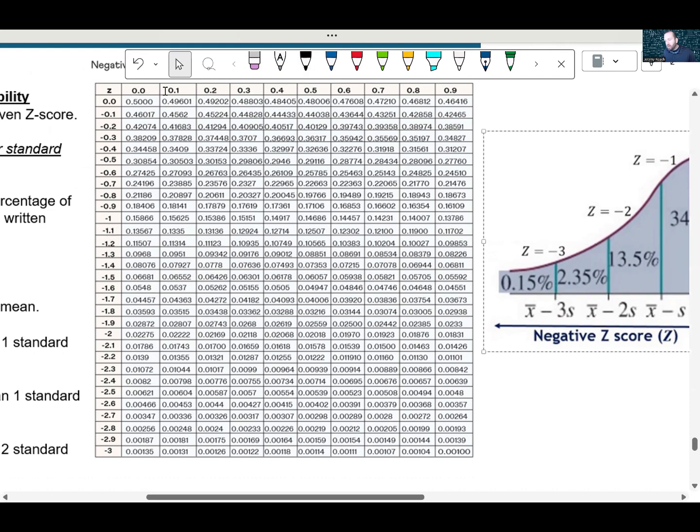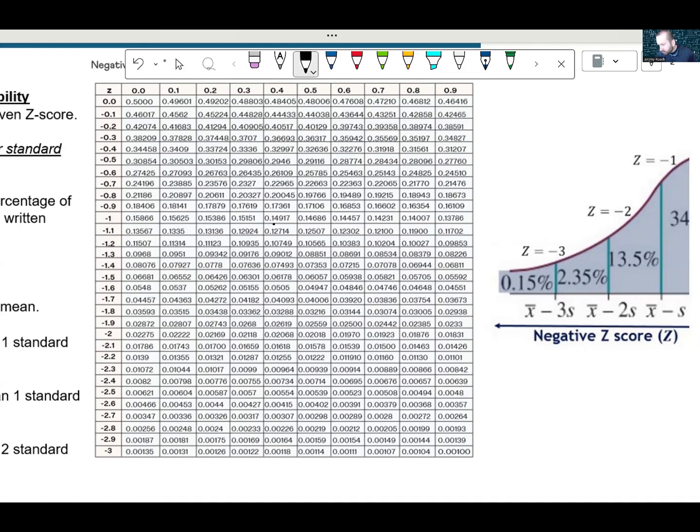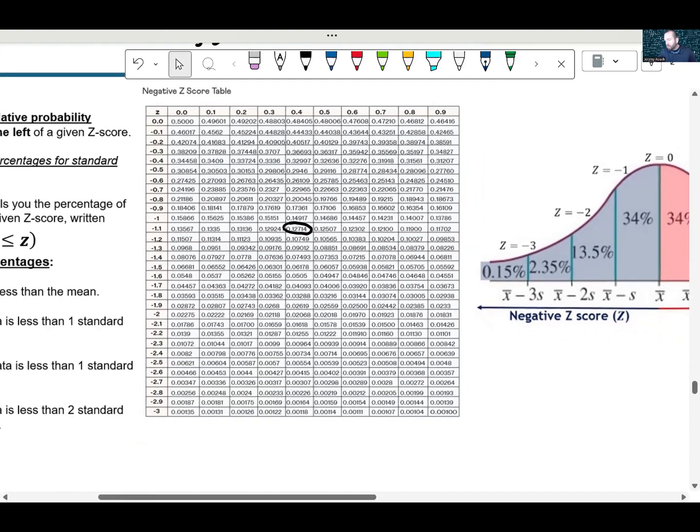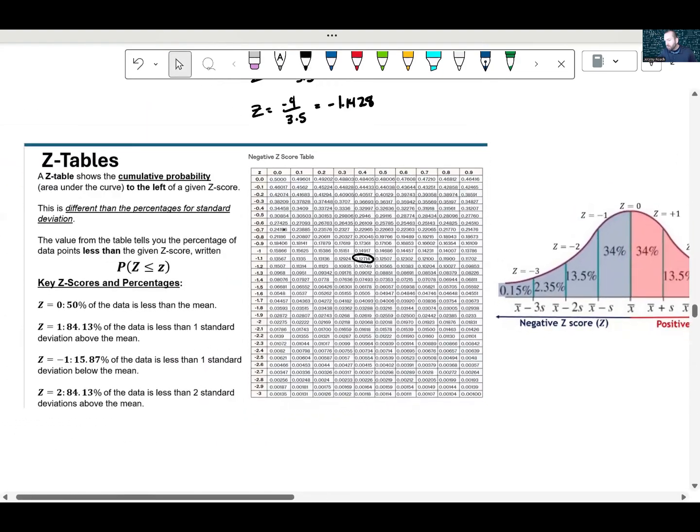And then these columns are the hundredths column. So negative 1.1, and then we're going to find where it lines up with the 4, which is right here. And so this is our percentage for a z-score of negative 1.14.